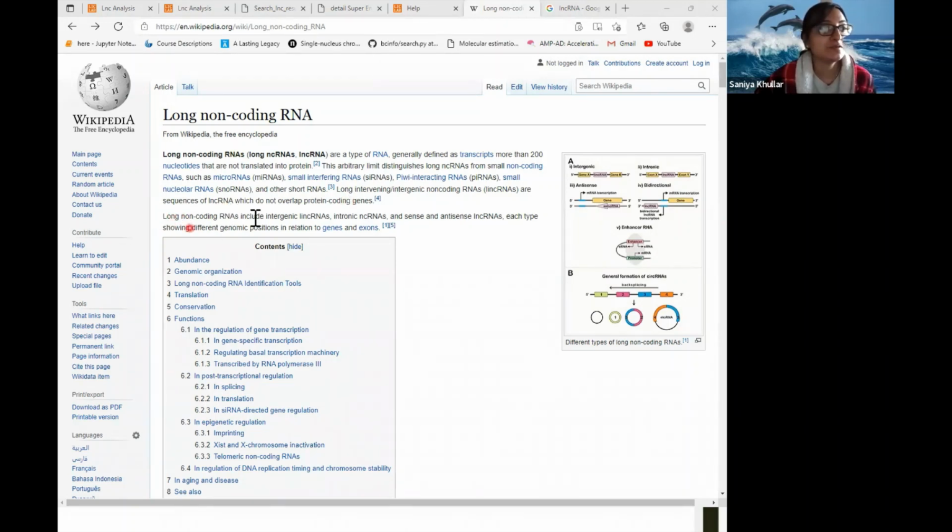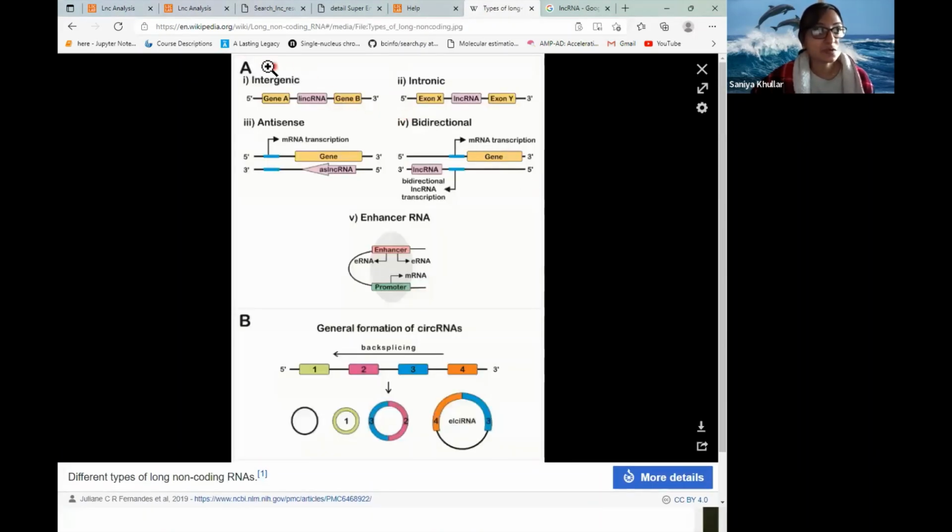So when we look at long non-coding RNAs, they include intergenic lncRNAs, intronic non-coding RNAs, and sense and antisense lncRNAs. Each type has different positions along the DNA genome in relation to genes and exons. So this is a very helpful guide, which can show intergenic non-coding RNAs, which basically means that it's in between these two genes, A and B. So this is a non-coding RNA here in between genes.